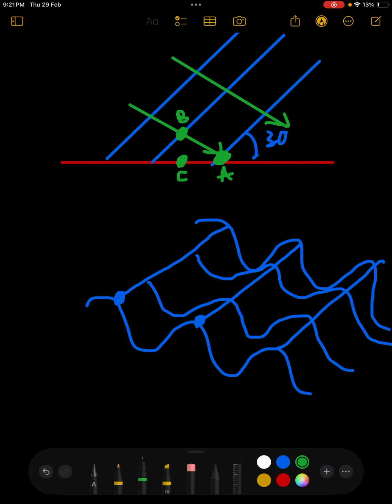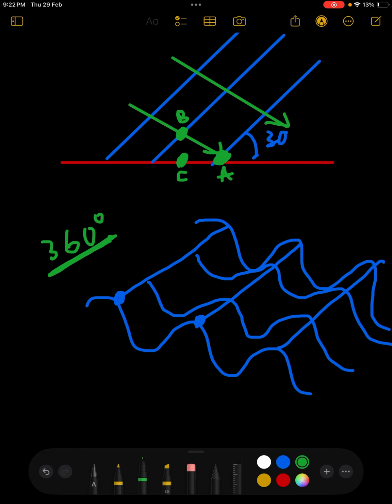When things are arriving 360 degrees later, it means that they are arriving in phase, doing the same things as the point that arrived at A. So in that case, they'd be arriving with a phase difference of 360.